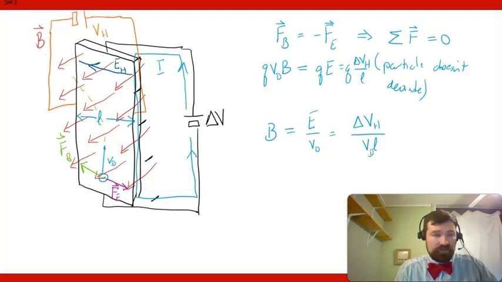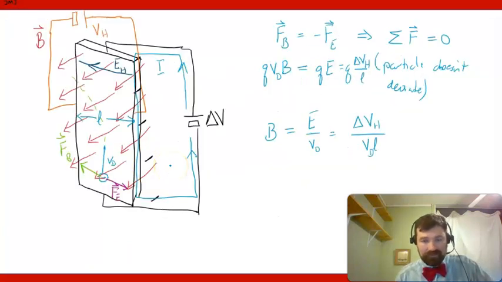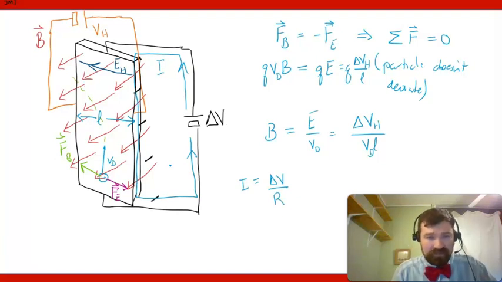And this drift speed in turn can be found by using Ohm's law to get the current, delta V over R. So the current is this delta V, you could call it delta V sub 1 or whatever, divided by the resistance from one end to the other.